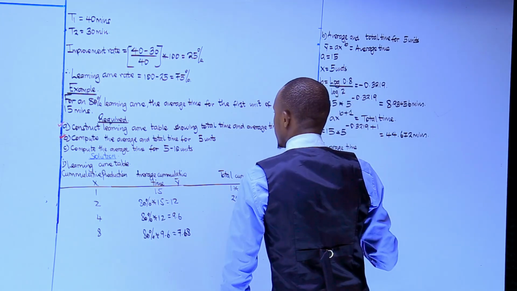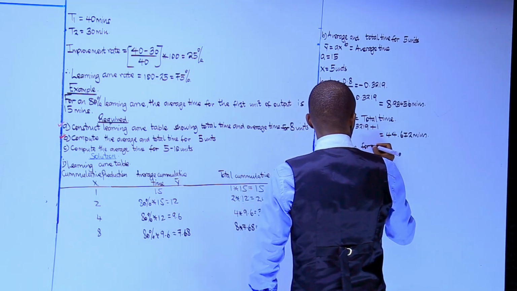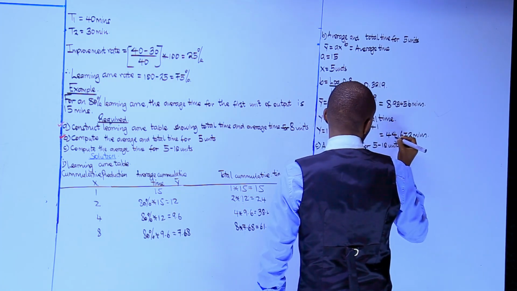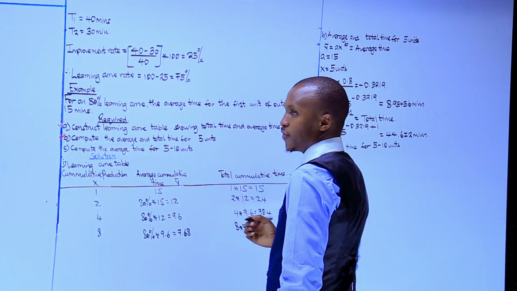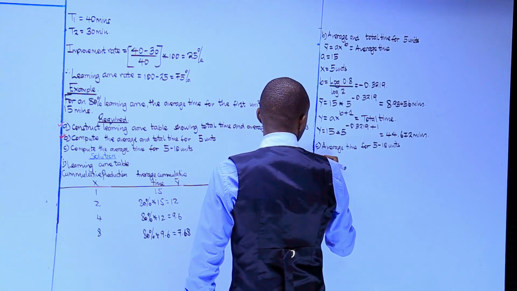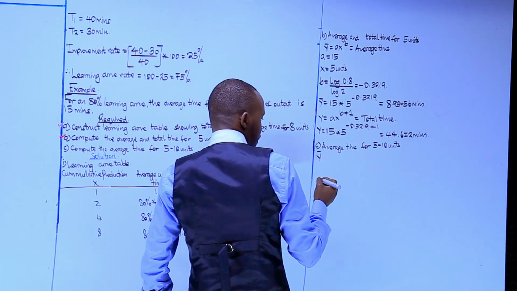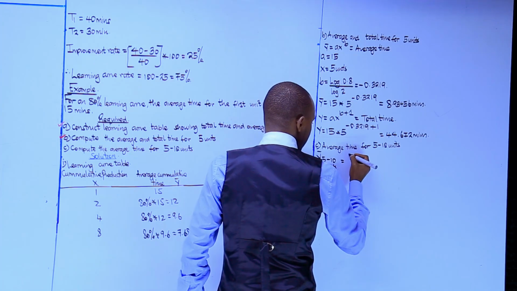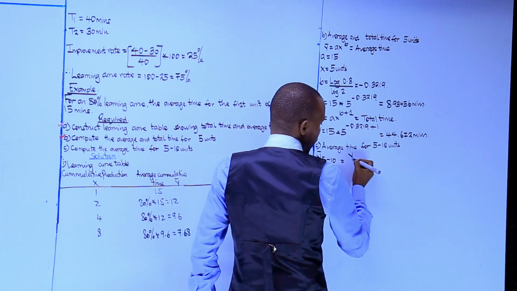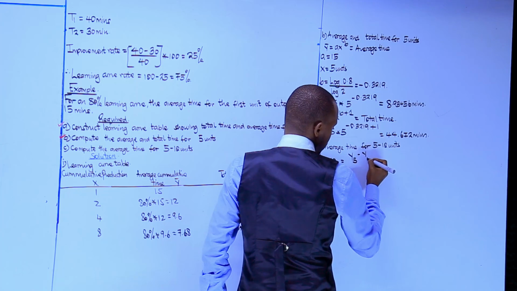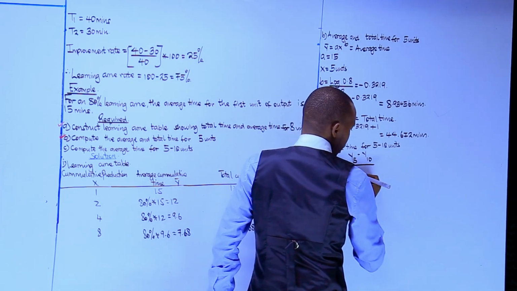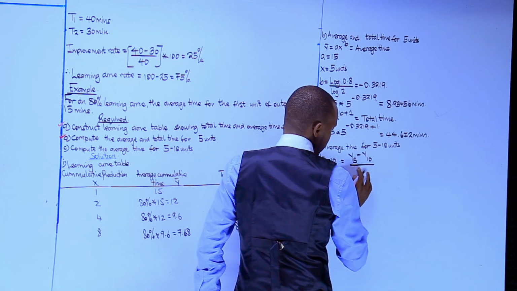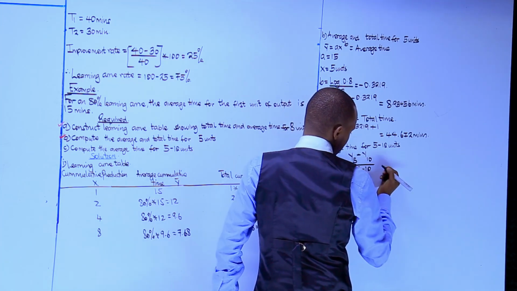The average time for 5 to 10 units will be given by the total time of 5 to 10 units divided by your units, which is 10 minus 5, which is 5 units.